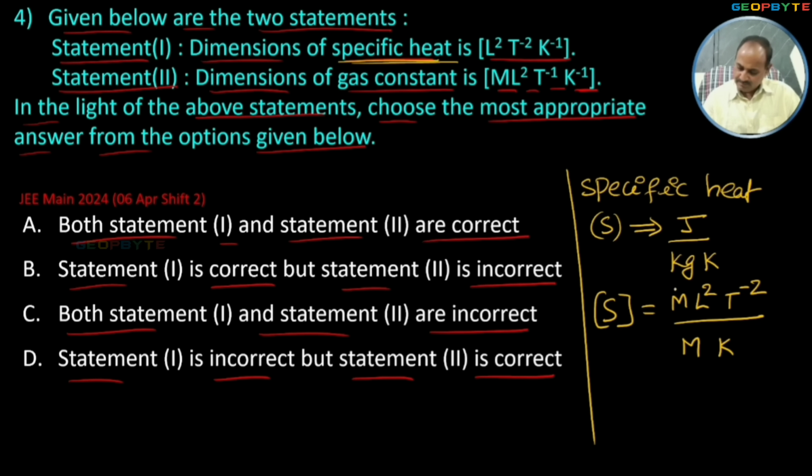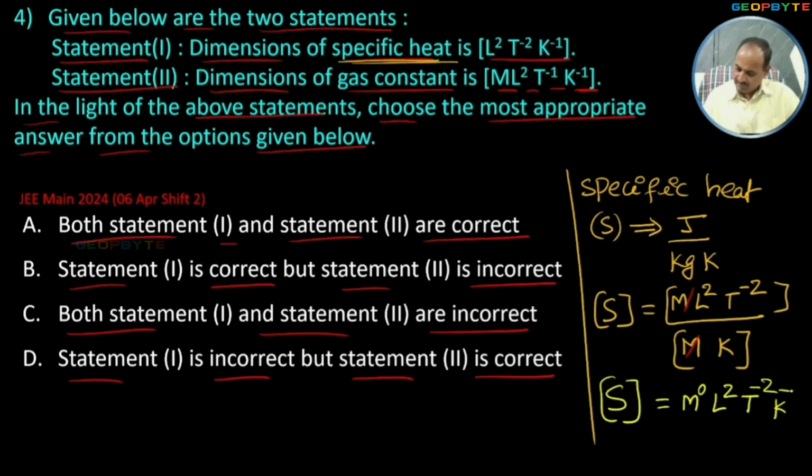Now you simplify this part for getting the dimensional formula for the specific heat. Here mass part is cancelled. The dimensional formula for the specific heat, generally denoted with S, equal to M power 0 L square T power minus 2 K power minus 1. So this is the dimensional formula for the specific heat.